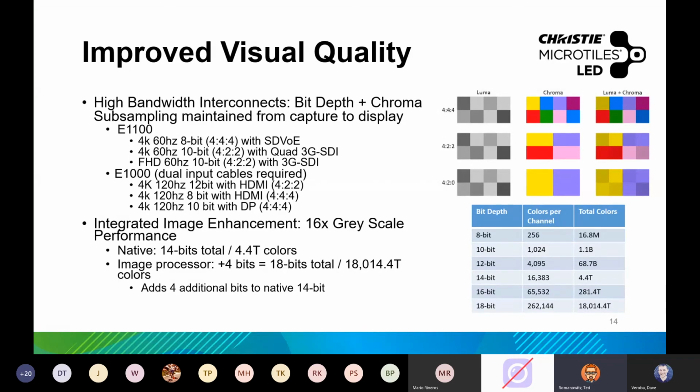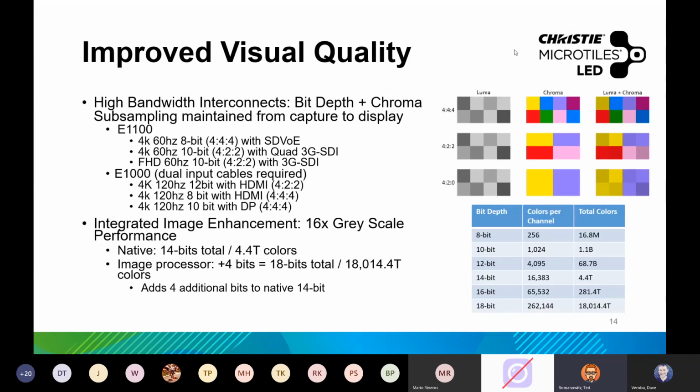We have sufficient bandwidth, more than 8 gigabytes per second throughout our entire system. So that's how we get to the ability to deliver up to 4K, up to 120 hertz, up to 12-bit, and up to 444. Really, the only limitation is the input that you're using to put the content into our system. Once that happens, it's truly lossless and low latency as well.